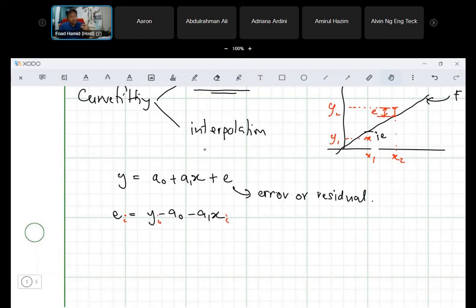If we have a lot of points, maybe let's say if you have 10 points, then your i is from 1 until 10. So what we want to do now is to sum everything, to sum all the errors.